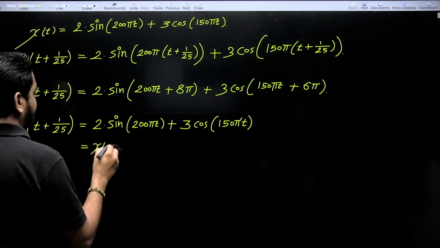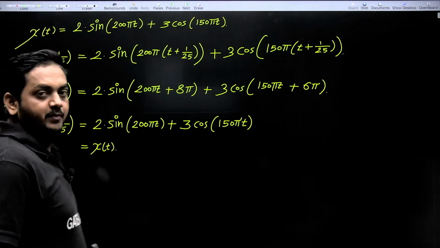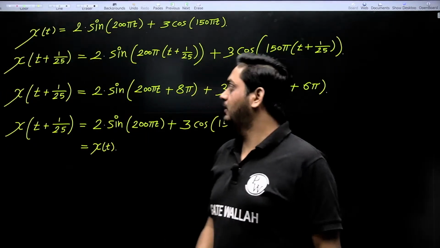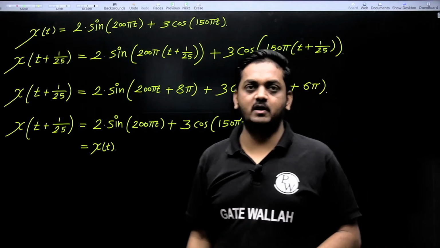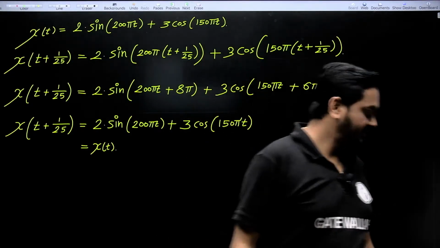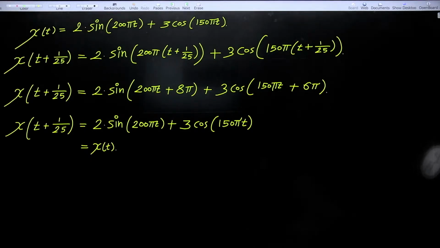So yes, we can say x of t is a periodic signal having fundamental time period capital T equal to 1 by 25, and our answer 1 by 25 is correct. Fine. Is this clear? Tell me in the comment box.